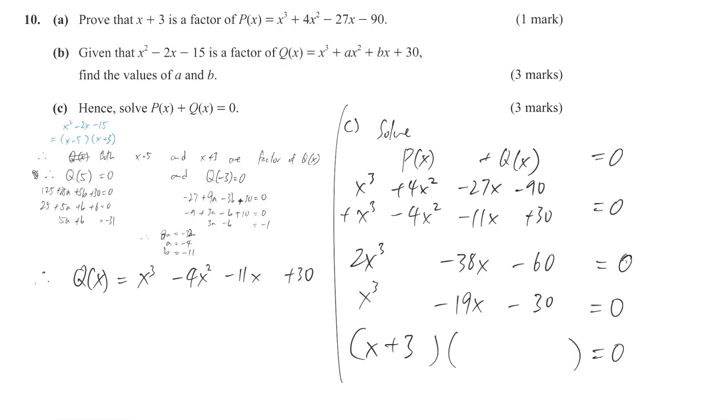Okay? So after that, to get this one, you need to use long division. 1x power 3 plus 0x power 2 minus 19x minus 30. Don't forget to reserve a place for x power 2, even if it is 0 times. Otherwise, we don't get the correct digits. So we divide both sides by x plus 3.